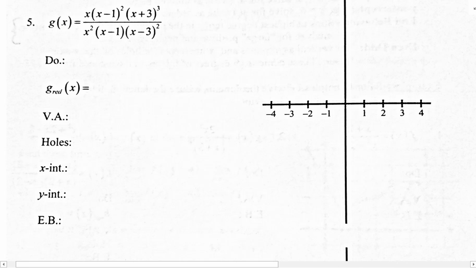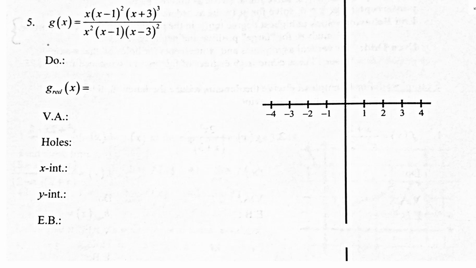For this example, this crazy rational function here, I'm going to start off with the domain. Any discontinuities in the domain for a rational function will show up in the denominator. Zeros of the denominator are discontinuities in the domain.